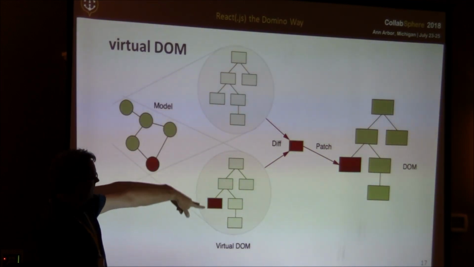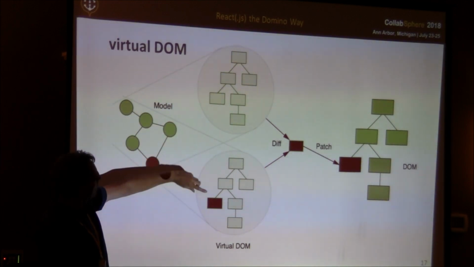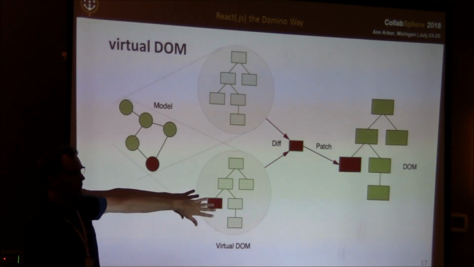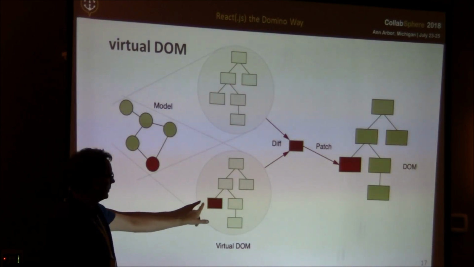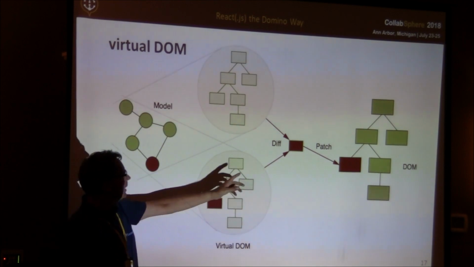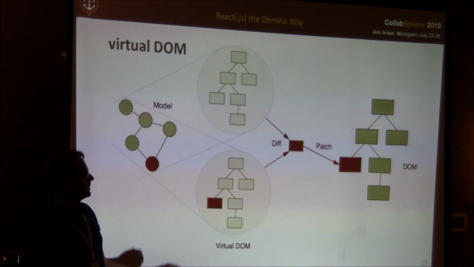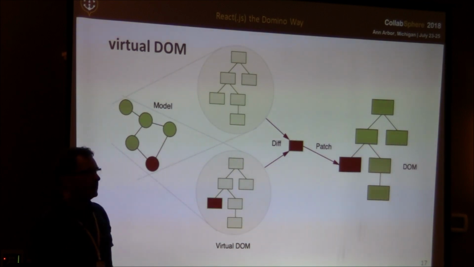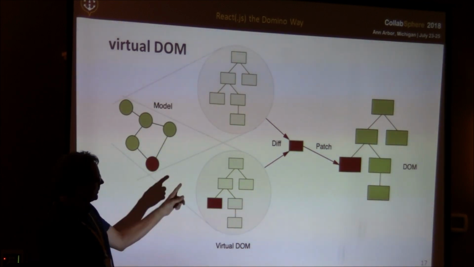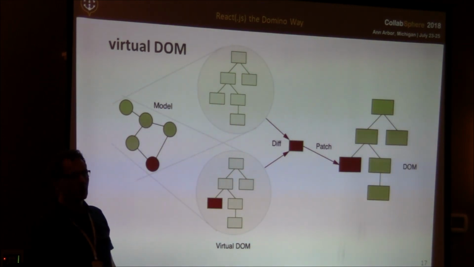And if that's completed, then it just has to diff the old virtual DOM and the new one, figure out which parts of the DOM have really changed, and then write this to the real DOM. That's really fast because only the little changes have to be made in the real DOM.